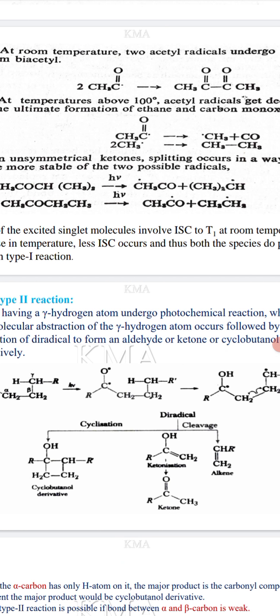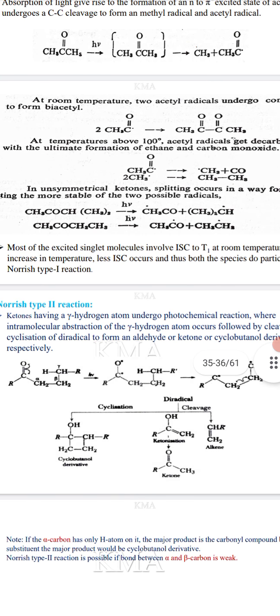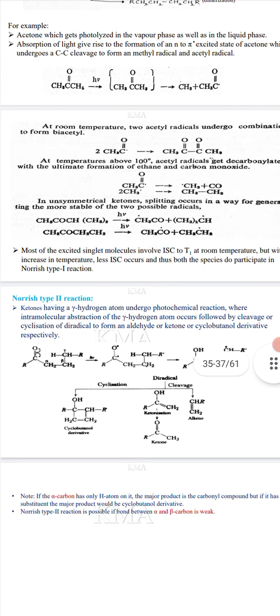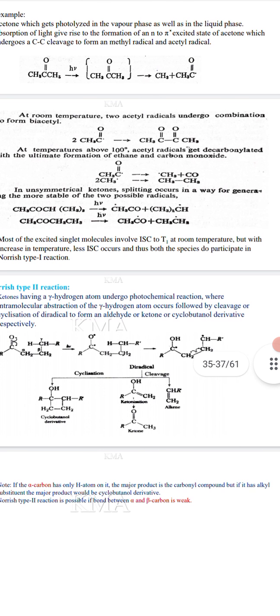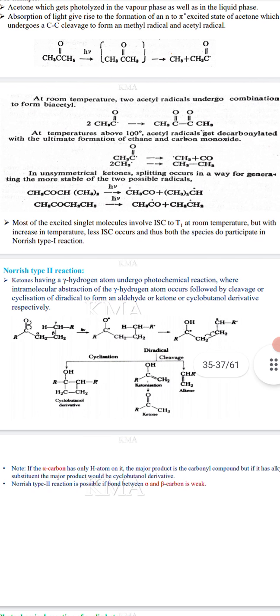Most of the excited molecules undergo intersystem crossing to T1 at room temperature, but with increase in temperature less intersystem crossing occurs, and thus both the species participate in Norrish type 1 reaction.